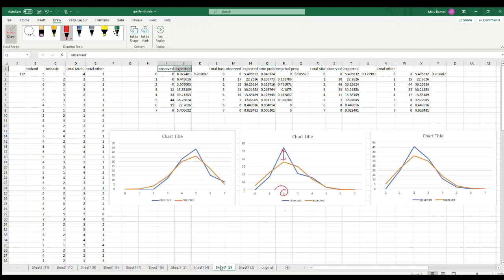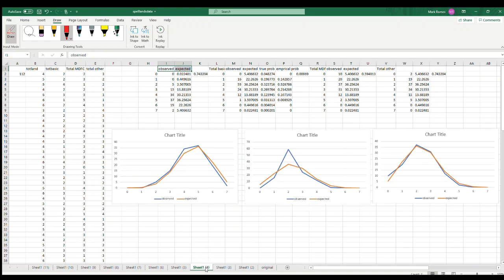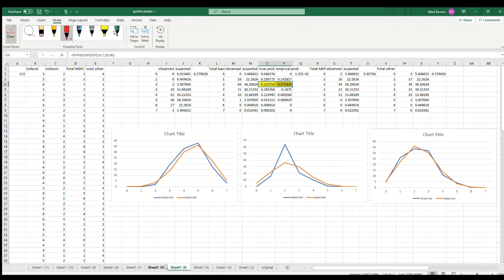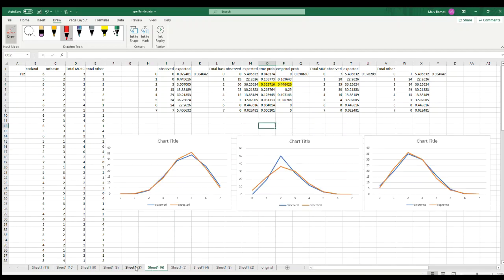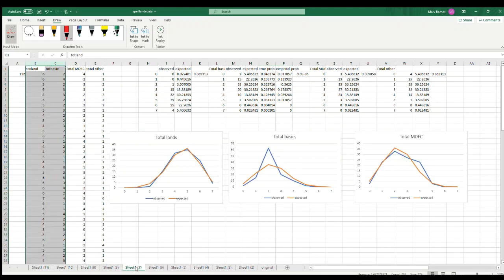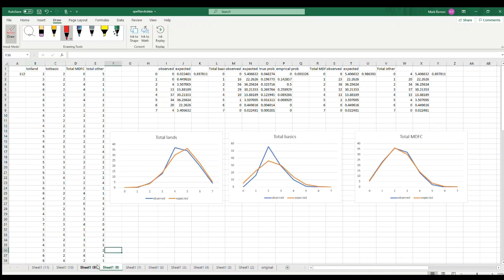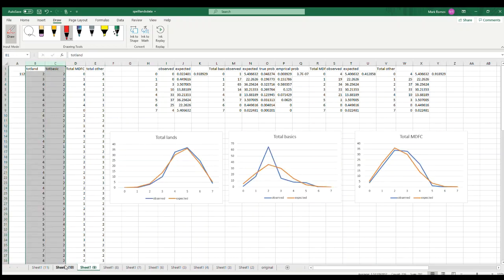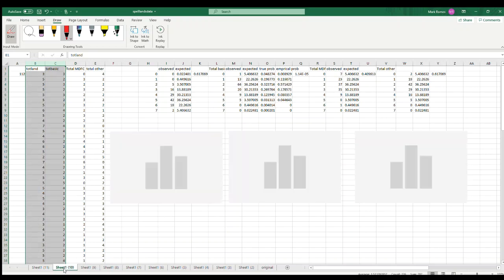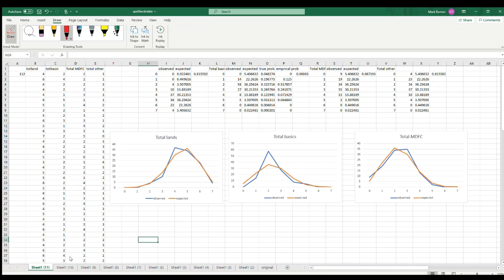Every time you simulate, you always get that bump here for 2, because we are preferring hands that have exactly 2 lands, and all the simulations will show you that we have that preference in each of those simulations. And I can generate more, and it will just give you the same results.